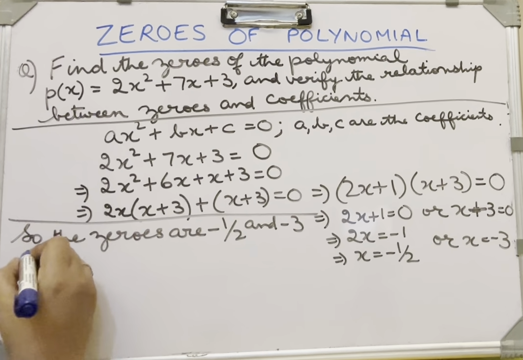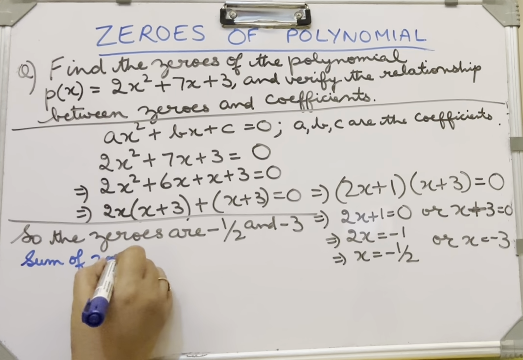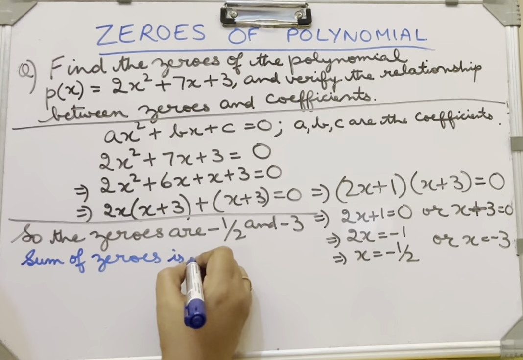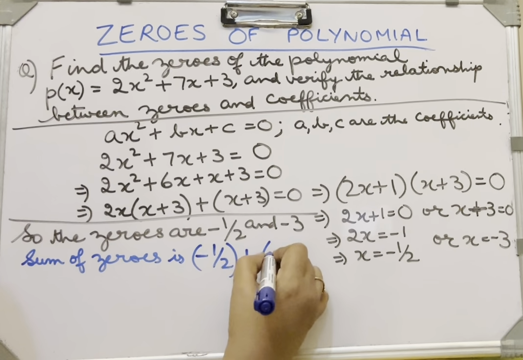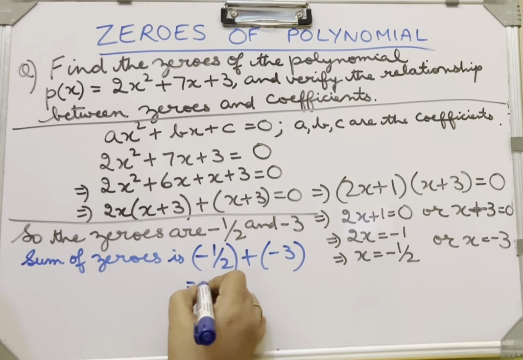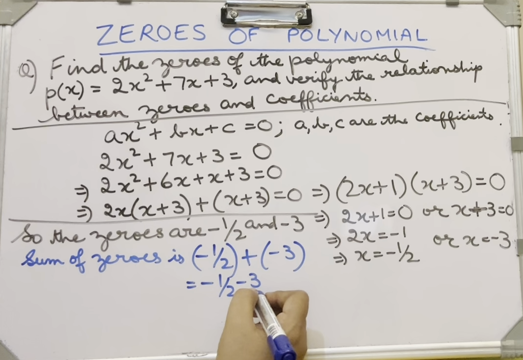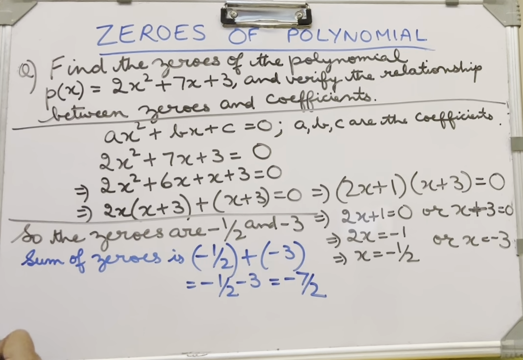Now here the sum of zeros is minus half plus minus 3, which is minus half minus 3, and the value is minus 7 by 2.